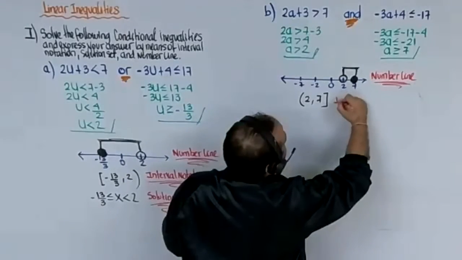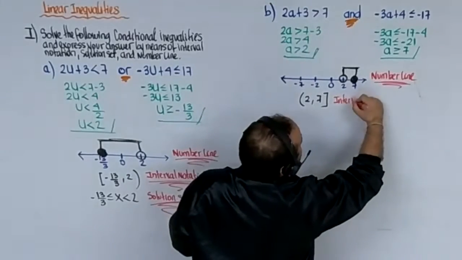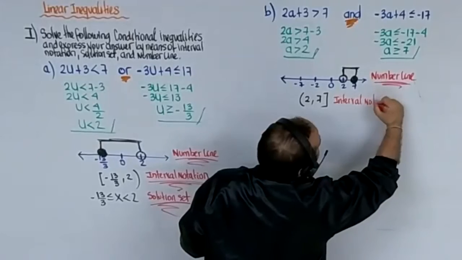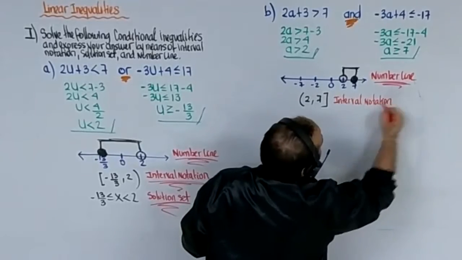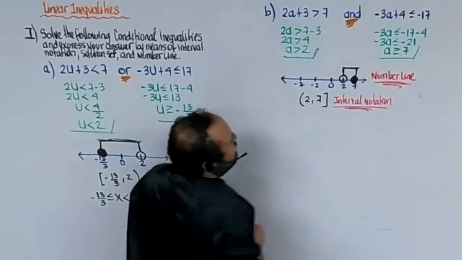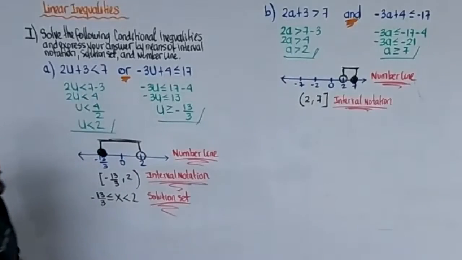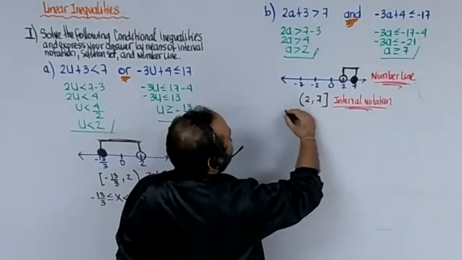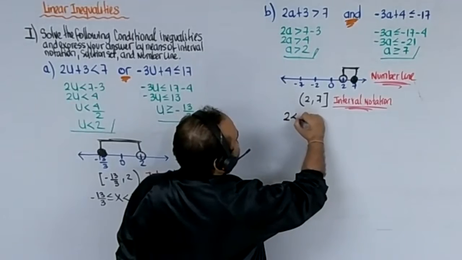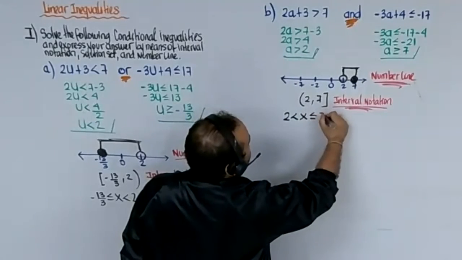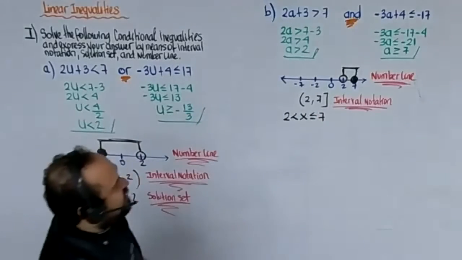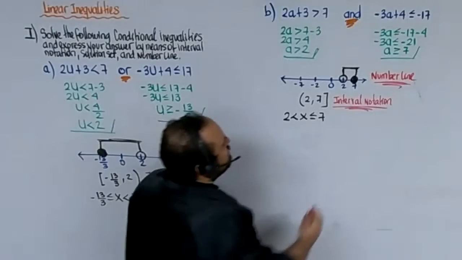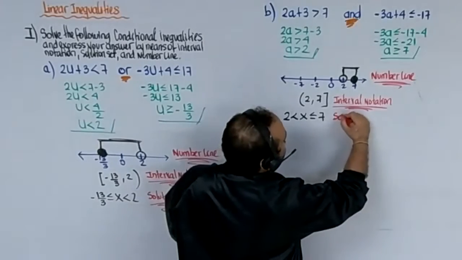This is going to be the interval notation. And at the end, the solution set will be between these two values: 2 less than x less than or equal to 7.